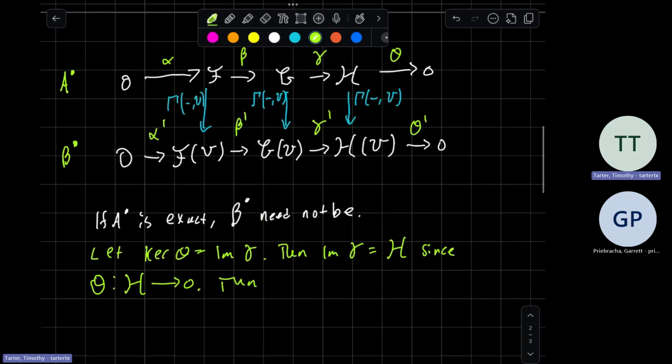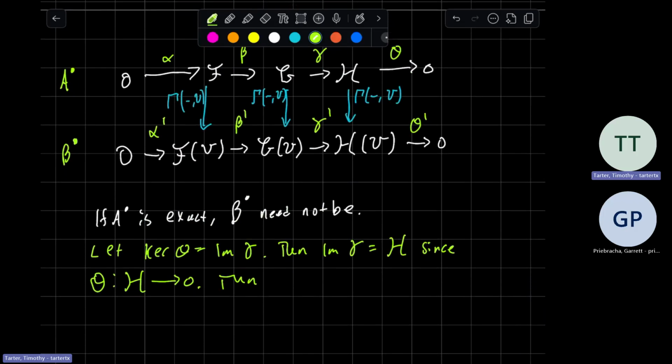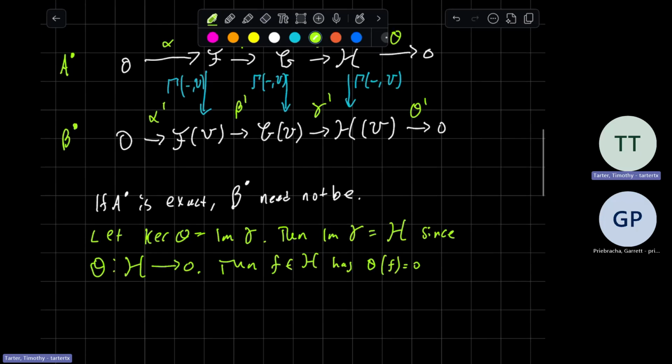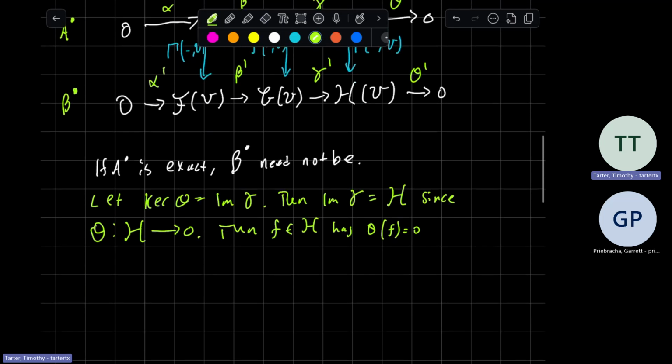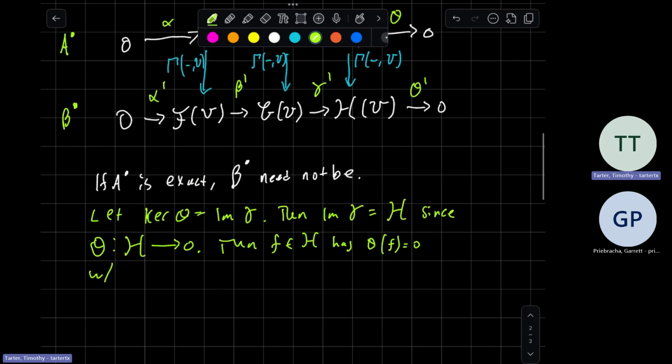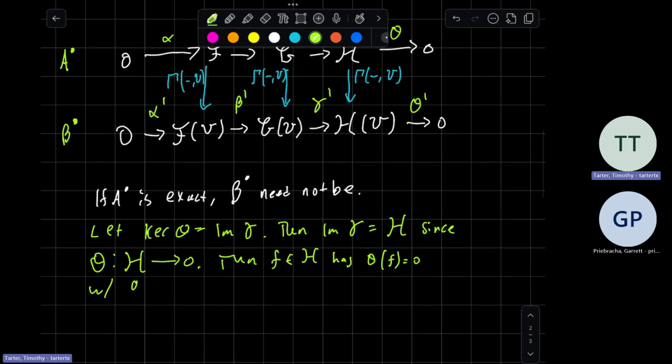Then f in H has theta of f equals 0, with g such that gamma of g is equal to f.